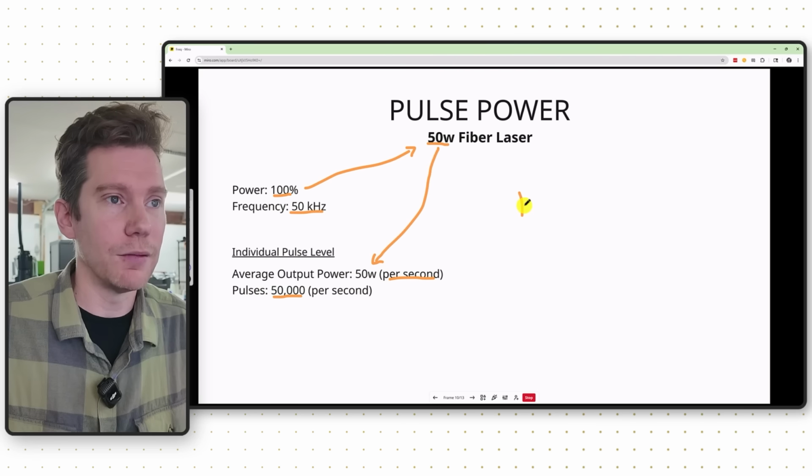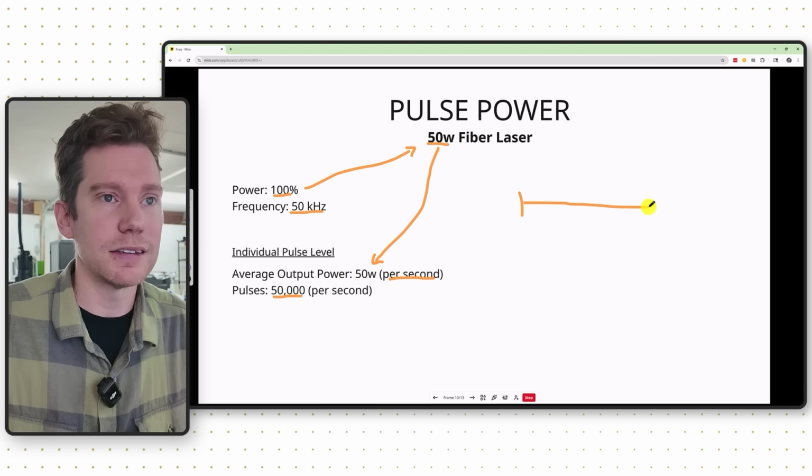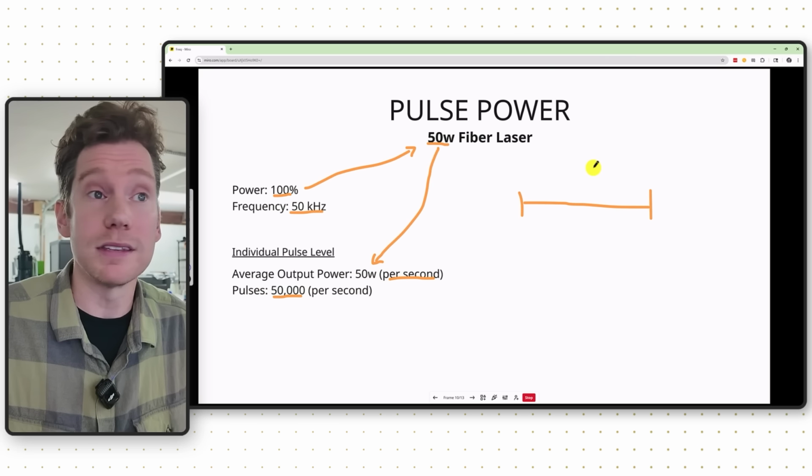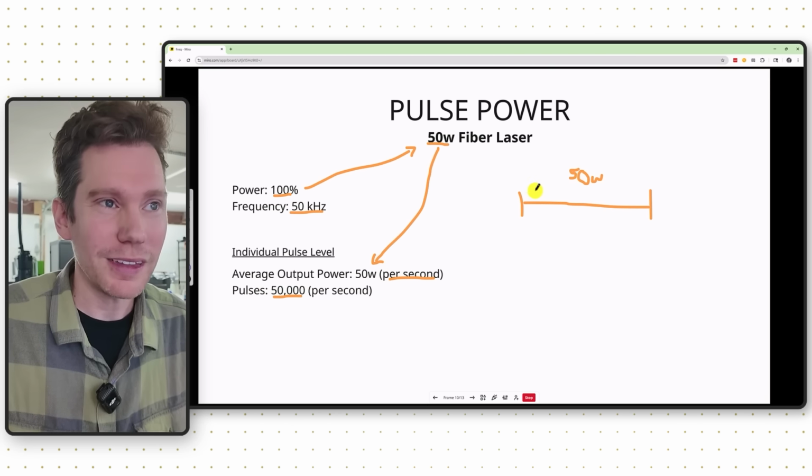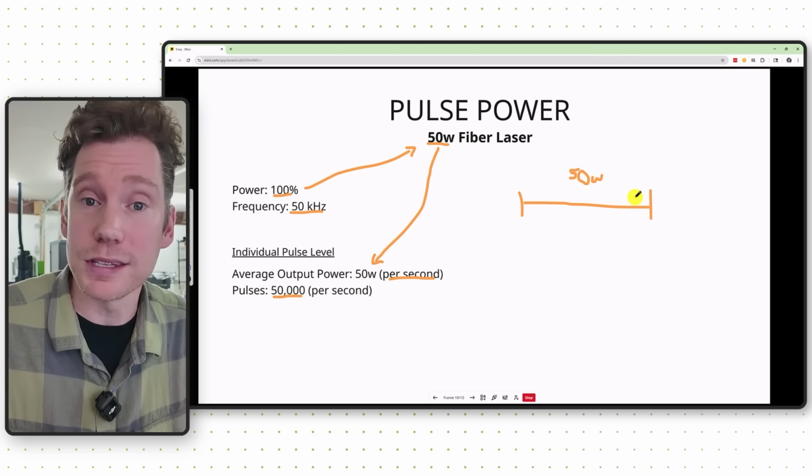Let's pretend that what I'm drawing over here is a scale. This is a 1 second scale. So from here to here is 1 second. And we asked our laser to provide us, oh my God, this thing is not drawing very well. I'm so sorry. 50 watts of power over the duration of this 1 second.